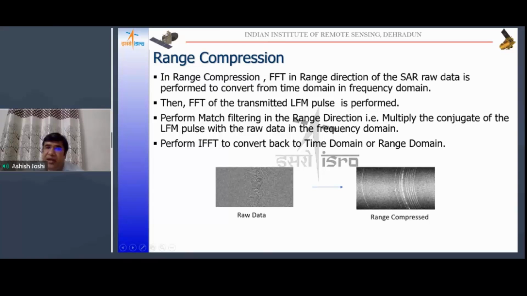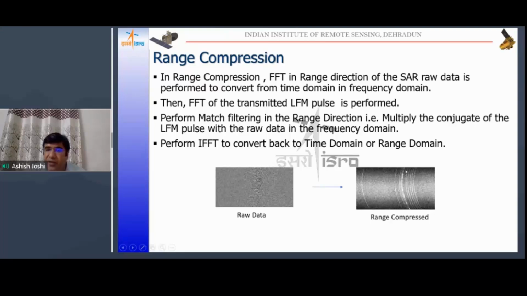After that we go back to the time domain. How? Just by doing the inverse FFT, and we go back to the time domain or the range domain. So if this is the raw data, this is the range compression data.